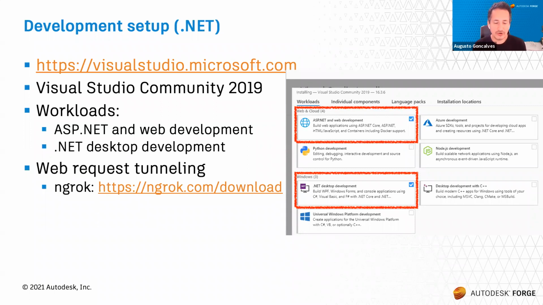This is for protection. But you can create a tunnel that will expose your machine to a server like Design Automation. To do that, we are going to use ngrok. It's one of the tools available, and it's very easy and convenient to use. So that's what we are using today. So you also need to download that.